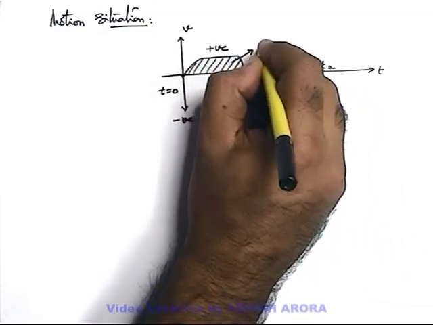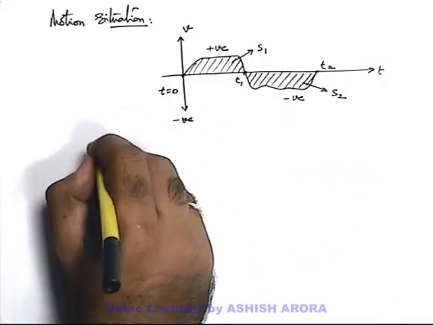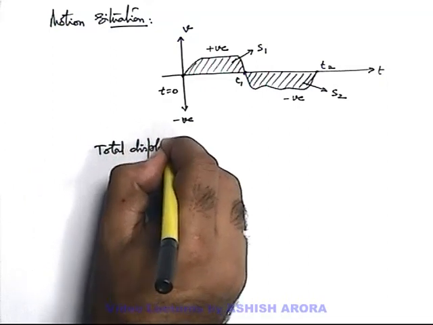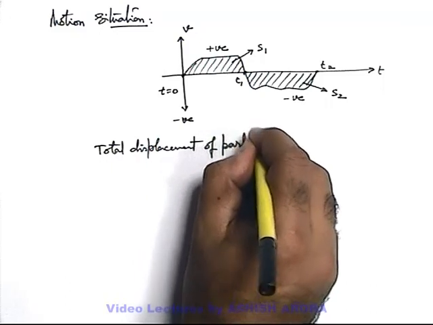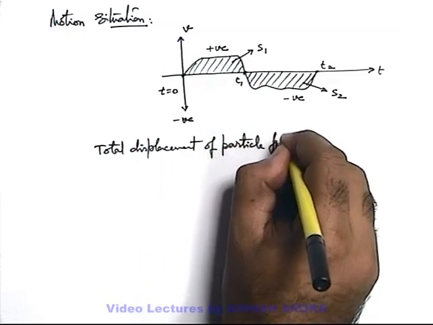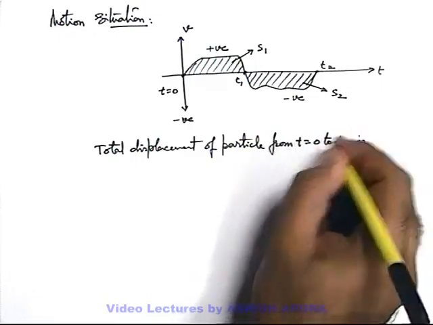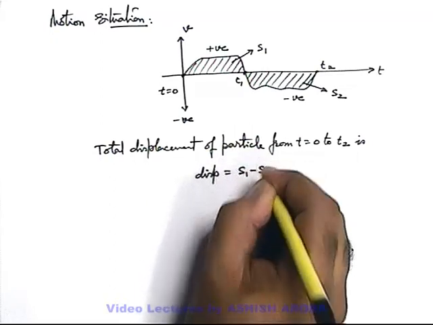Say this total area is S1 and this total area is S2. So we can state the total displacement of the particle from t equal to 0 to t2 can be written as S1 minus S2.